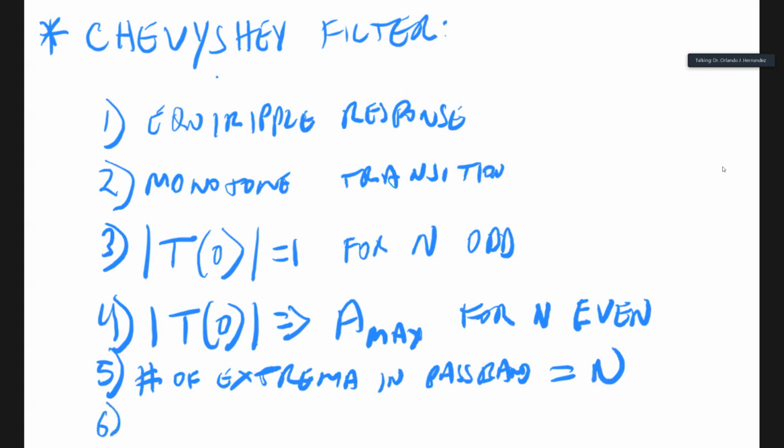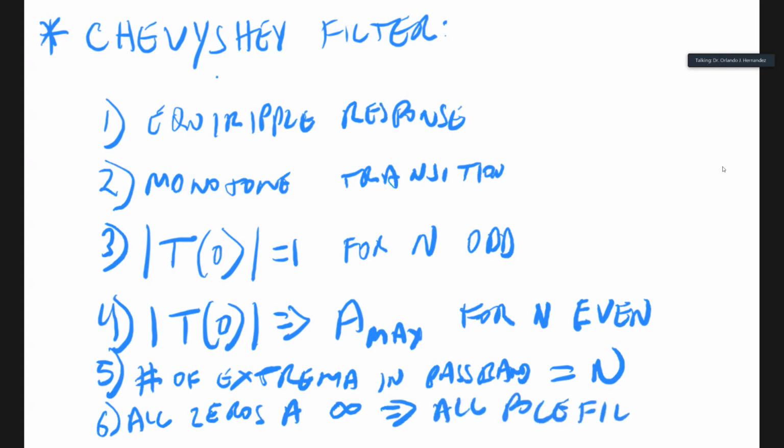And the last one that I mentioned was that all zeros are at infinity, which implies that this is an all-pole filter. So those are the important things to remember. Okay.